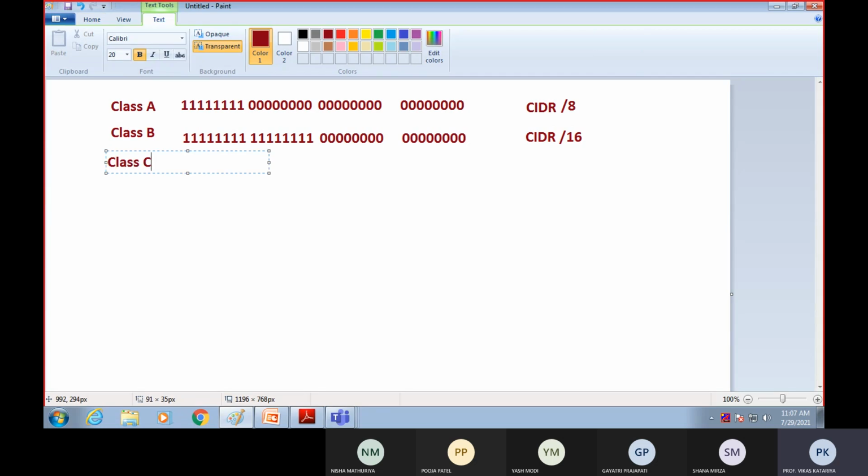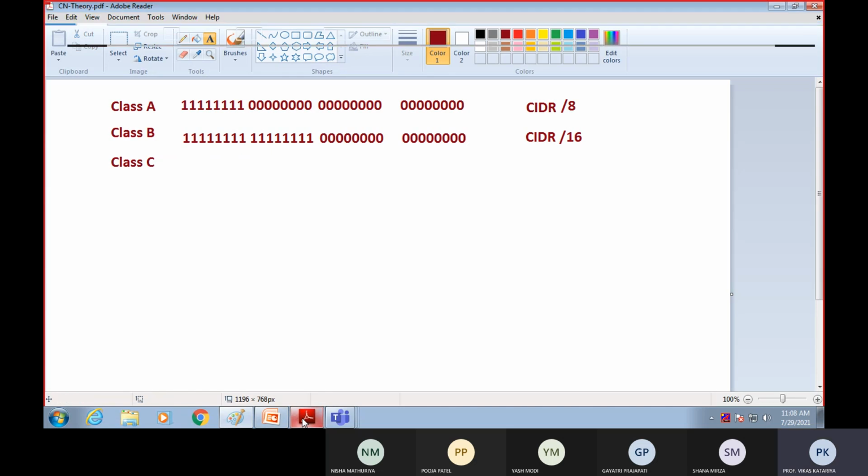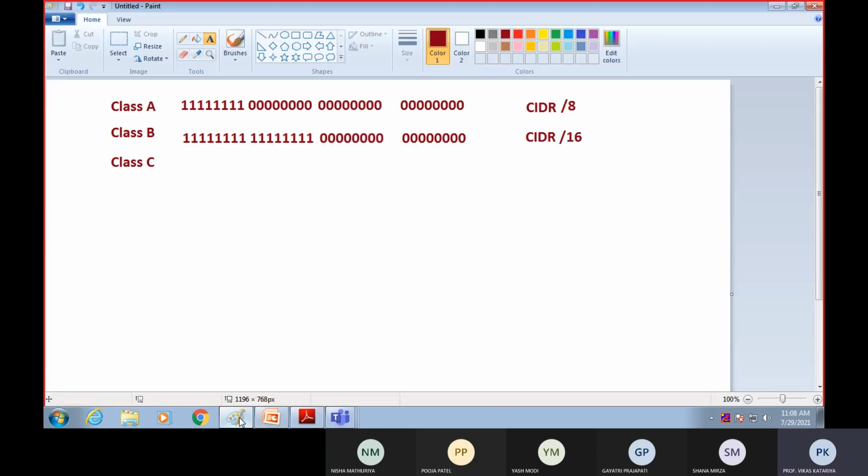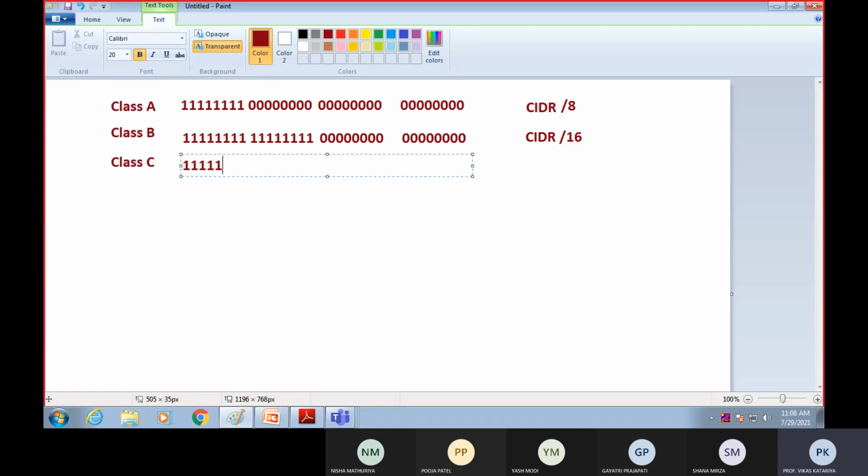For a class C IP address, according to our class diagram, the prefix bits are a total of 24 minus 3. So right now we have considered a total of 24 bits: 24 ones, first octet 1 to 8, second octet 1 to 8, third octet 1 to 8, and the host bits will be represented as a suffix.